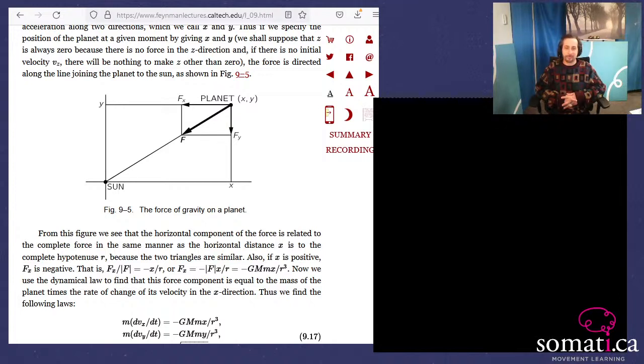Yeah, okay. And getting the sign set up correctly, that the force is in the opposite direction of x here.